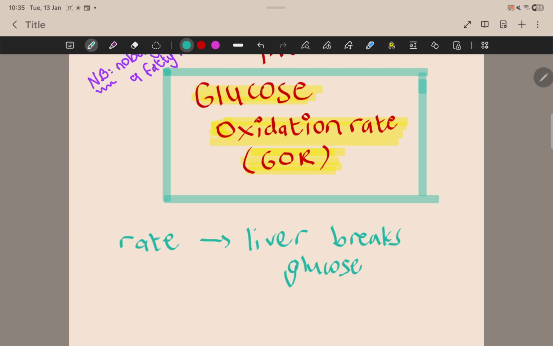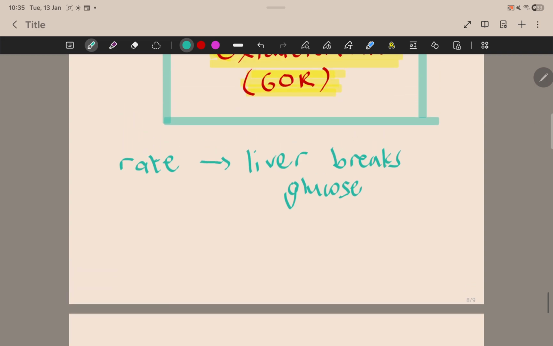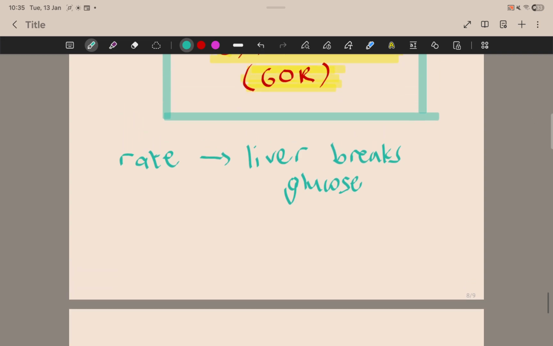You have fatty acid oxidation, things like that, but in this case, we're focusing on glucose. If we have too much glucose, the liver won't be able to process all of it as effectively and efficiently, and excess glucose then gets stored as fat.